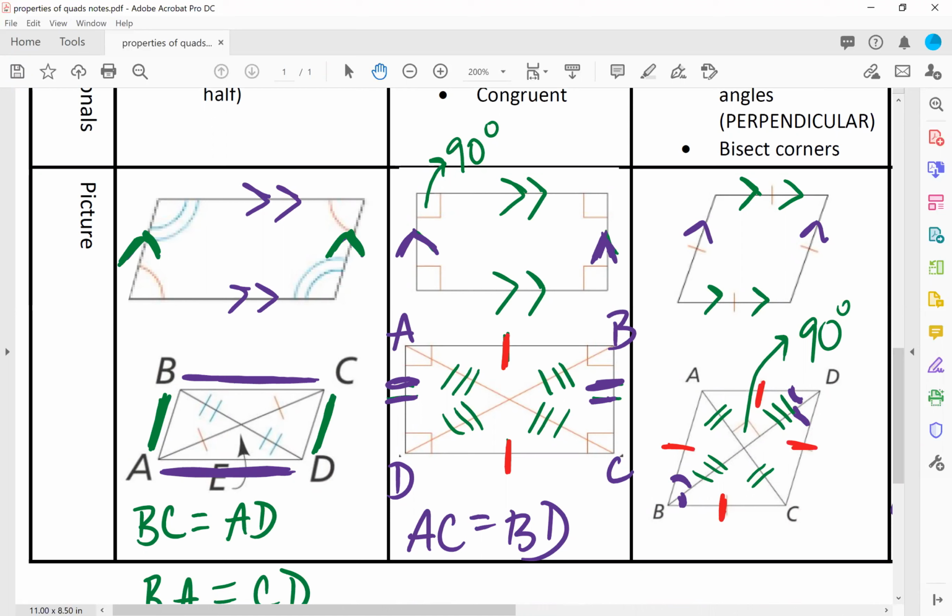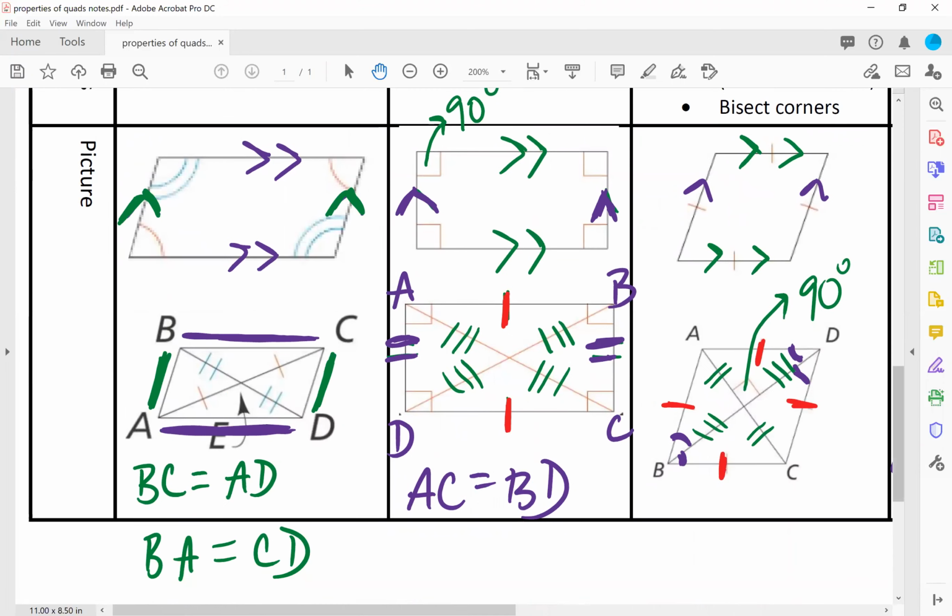And then the left side is parallel to the right side, and that's indicated by this other pair of arrows. Now congruent, again, the top side and the bottom side, those will be congruent to each other because they're opposite. And the left and the right, they're opposite, so they will be congruent. So you can see BC is equal to AD and BA is equal to CD.